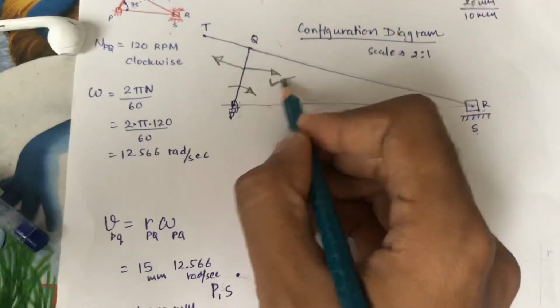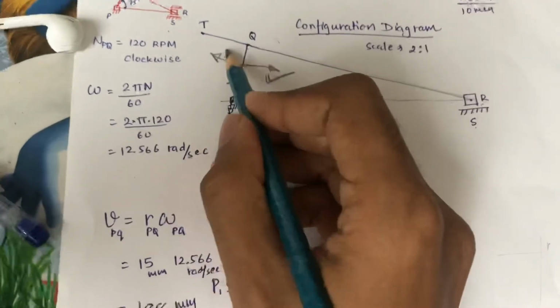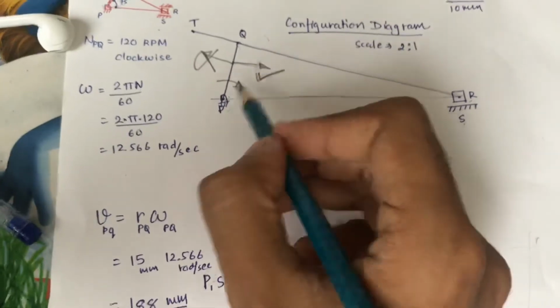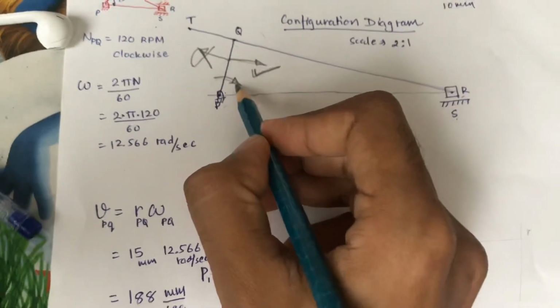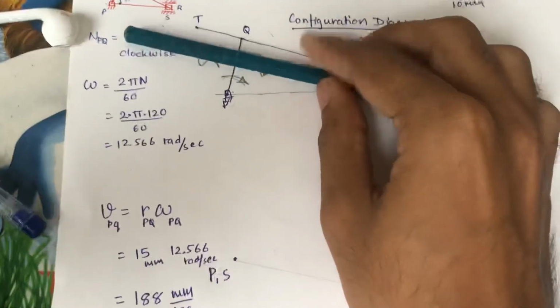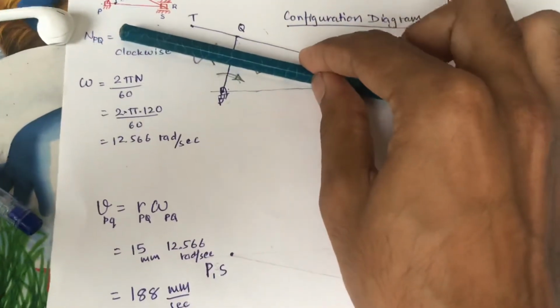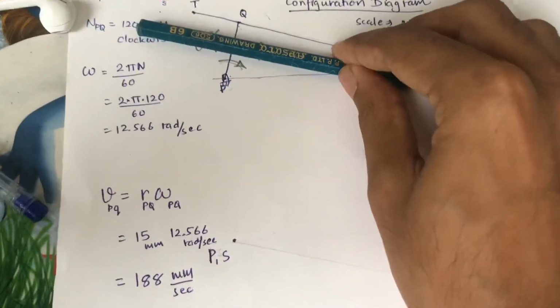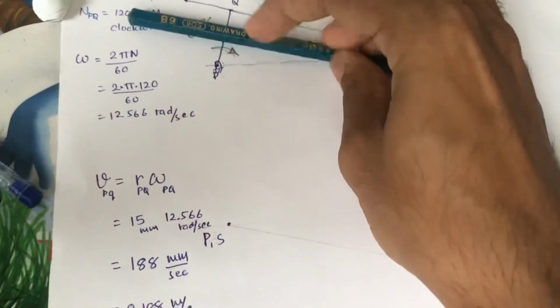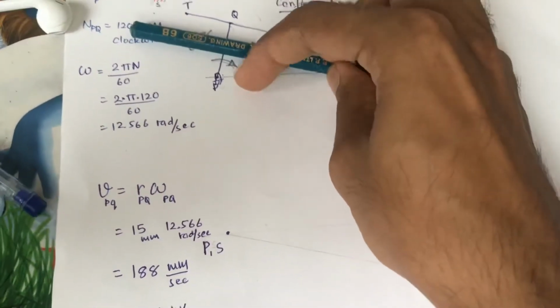Towards the right side it is right, the left side is not possible. If we provide force in this direction it rotates clockwise. So now keep the scale perpendicular to the PQ link, and the velocity is 0.188 meter per second. Draw a line passing through either p or q, because the two ends are p and q.